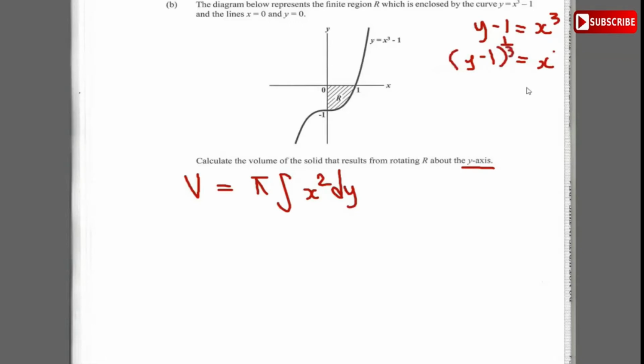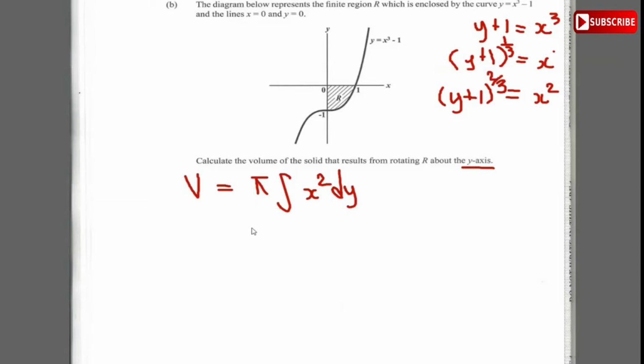And so when I square both sides, I get that x squared is equal to (y plus 1) to the 2/3. So this is x squared.